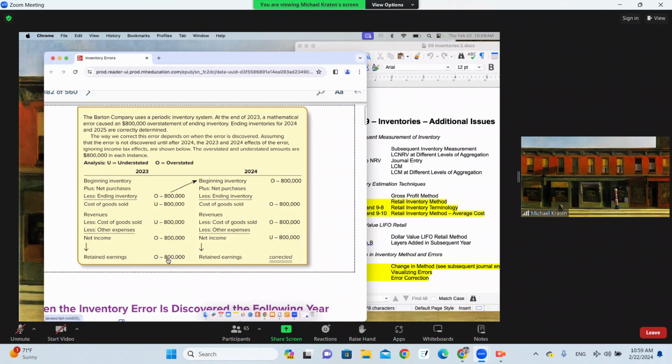And if your net income is overstated, your retained earnings, which is where net income gets swept into, will also be overstated. Okay, so let me pause for a moment. Any questions about the left column? What is happening last year?